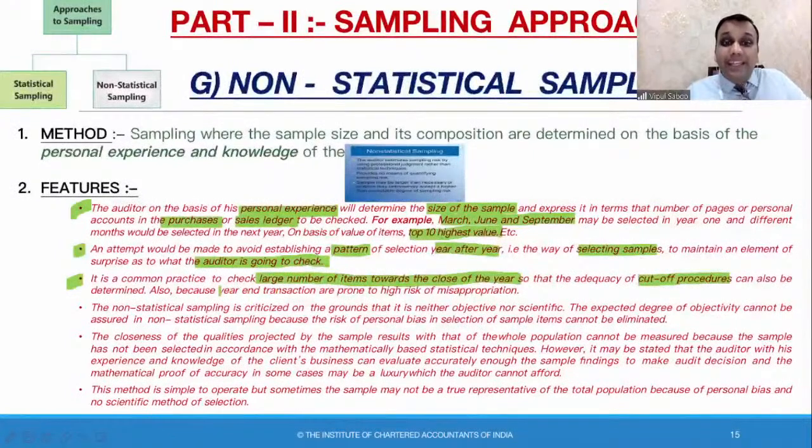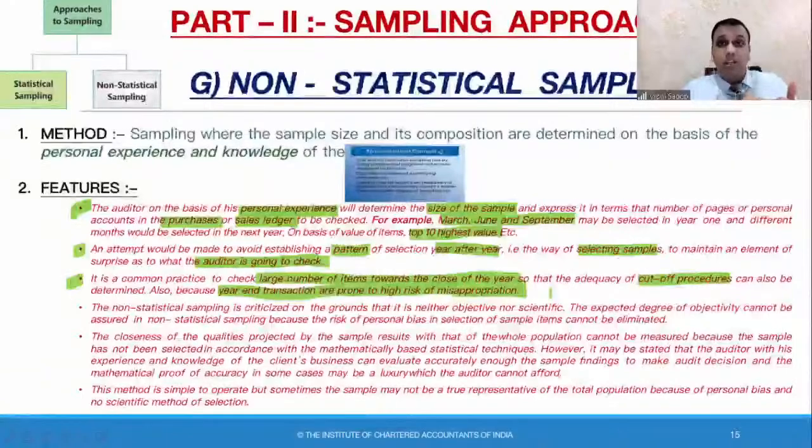Year-end transactions are prone to a high risk of misappropriation, because it is only at this time that you finalize the results of your financial year, and it is only at this time, in the period of February and March, that the client might resort to window dressing.